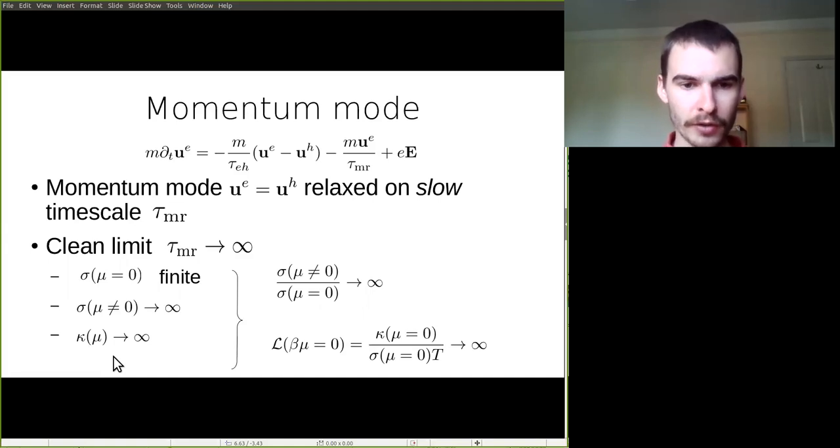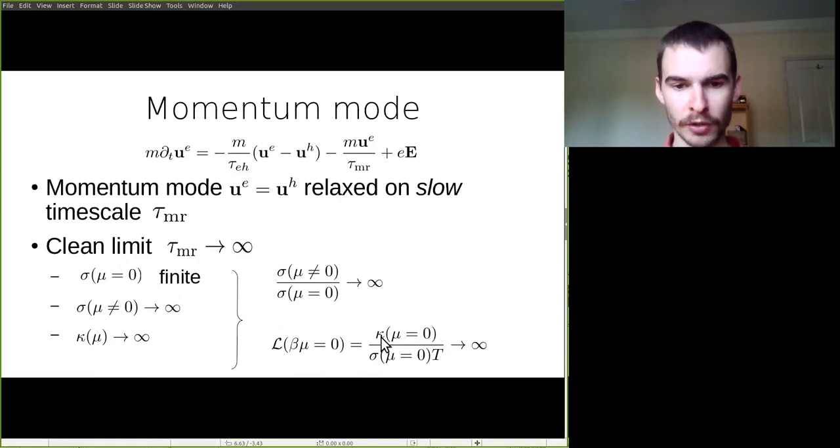And so if we take the appropriate dimensionless ratios, we've got this ratio of electrical conductivities which diverges. So it tells us that the electrical conductivity increases very quickly away from charge neutrality in this clean limit. And we can also compute the ratio of thermal conductivity to electrical conductivity, which is the so-called Lorentz number.